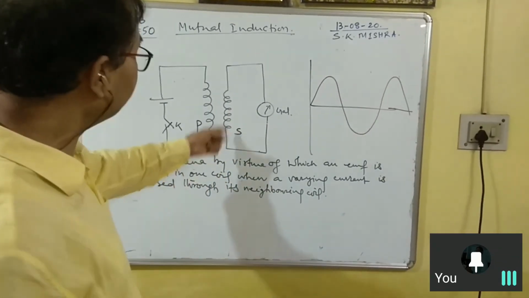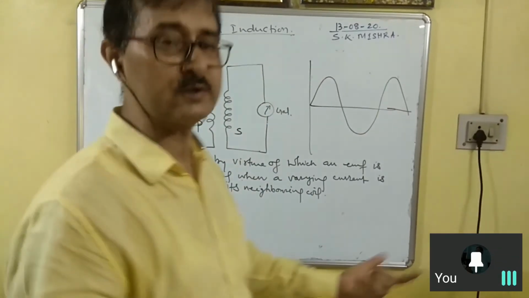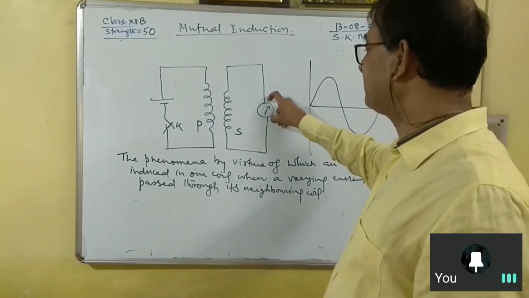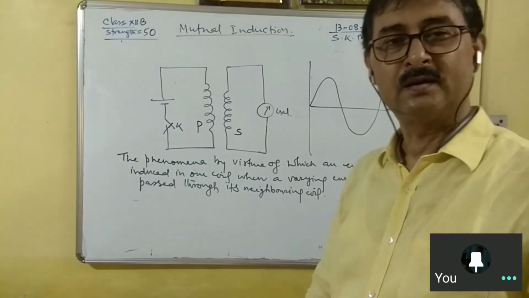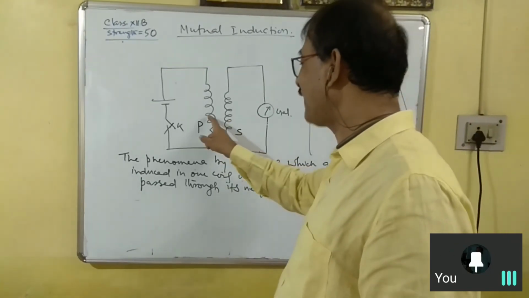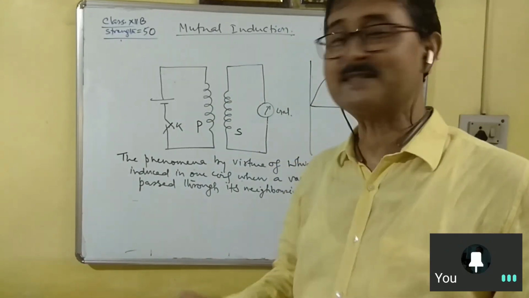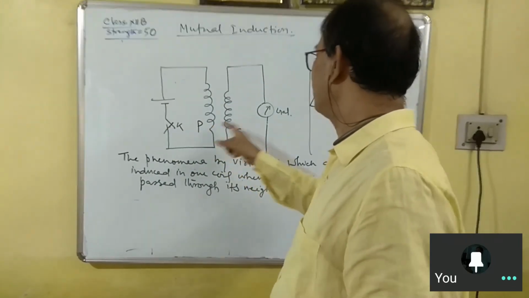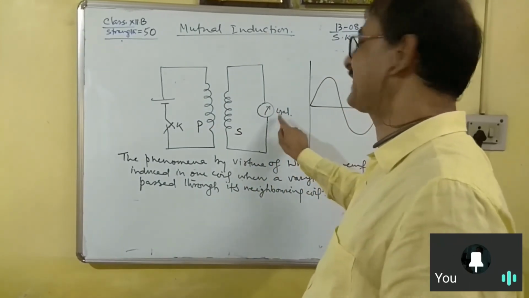And if the secondary circuit is closed, then induced current also. And if you connect a bulb here, the bulb will glow. Though primary and secondary are not connected directly, there is no physical contact, but sending current through primary will cause a glow of bulb in the secondary.